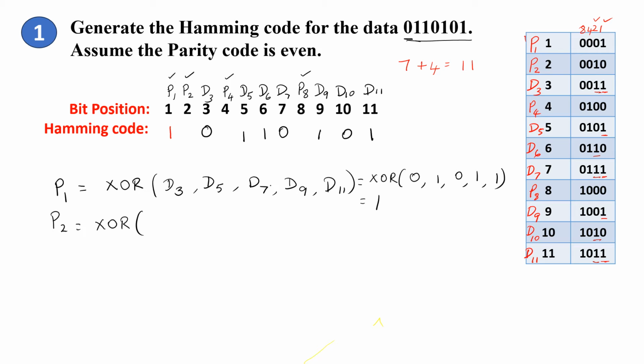So P2 is XOR of D3, D6, D7, D10 and D11. D3 is 0, D6 is 1, D7 is 0, D10 is 0, D11 is 1. So an even number of 1s, so the output will be 0. So P2 is 0.